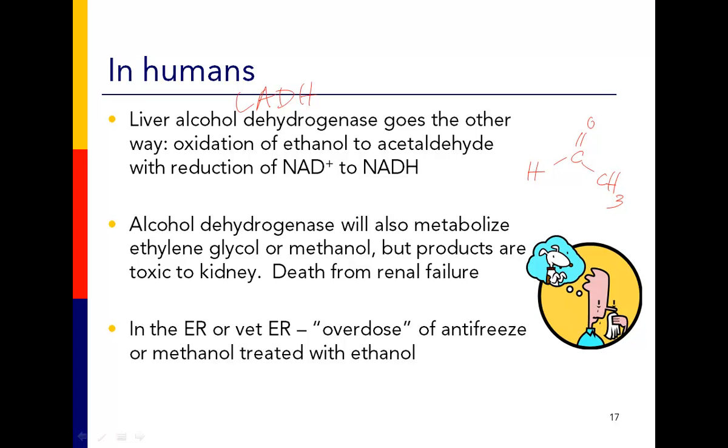Yes? I thought antifreeze was toxic because you go to sleep or something. Is that completely wrong? I believe it's completely wrong. I mean, it is toxic. Well, it depends how big you are. The problem with antifreeze tends to be small animals or children because it tastes sweet.